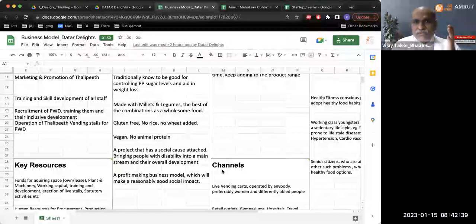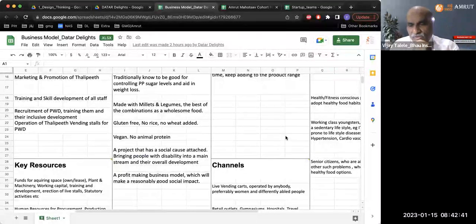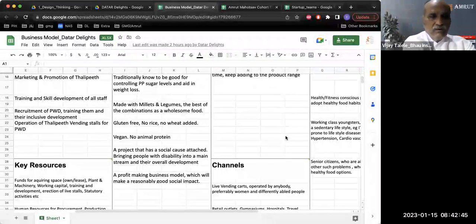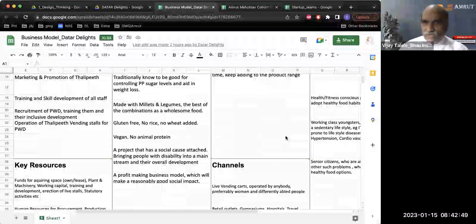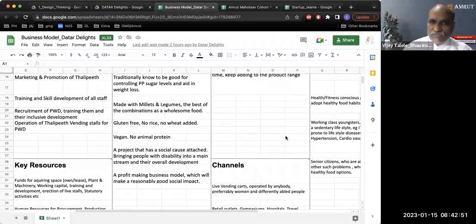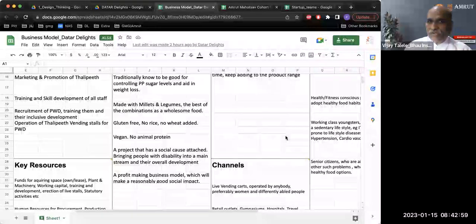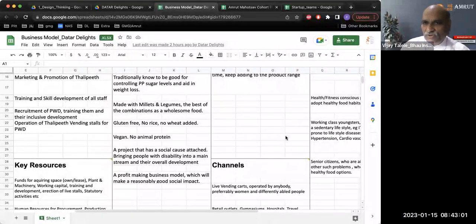Features then turn into benefits for the customer, and benefits then turn into the value to the customer. When you look from the customer perspective, the customer always looks at what value he or she is getting, whereas from our perspective, we say what features we are passing on to the customer. So just remember these three terms and how they are interlinked.